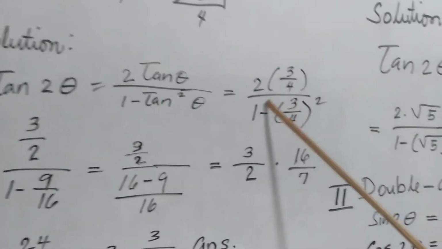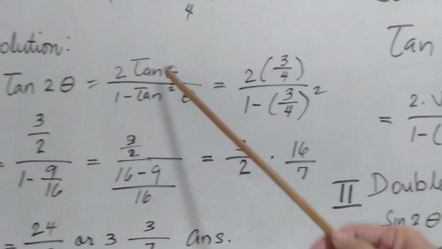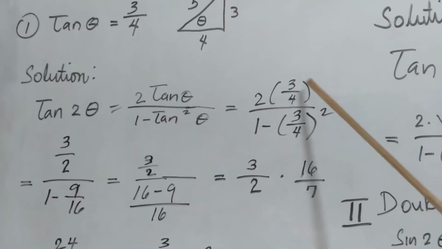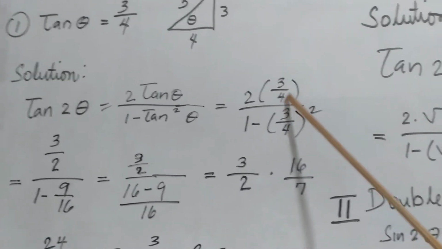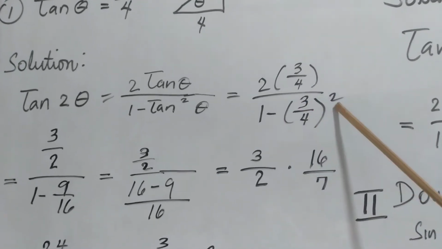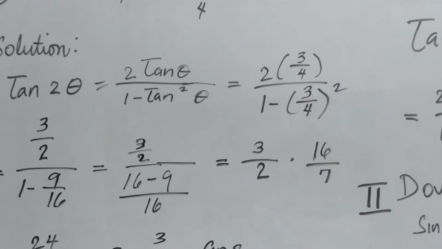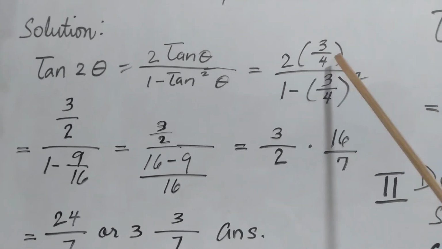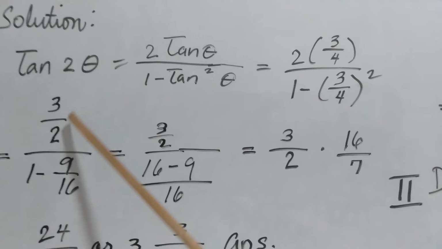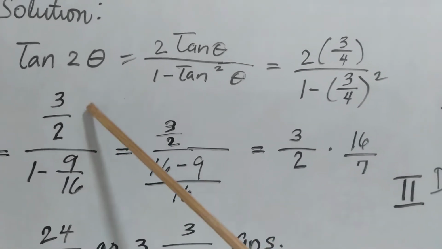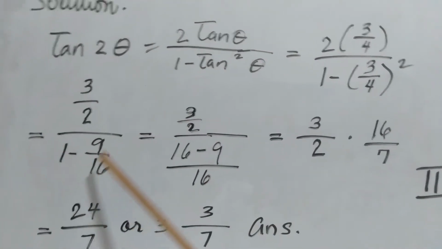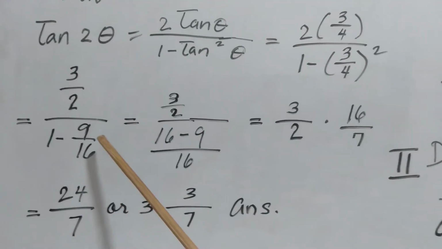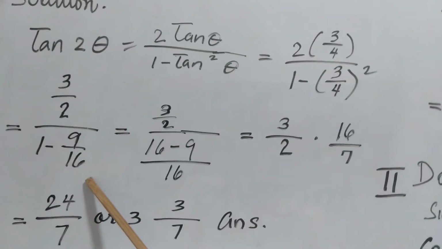We substitute the value of tangent theta, which is 3/4. So 2 times 3/4 over 1 minus 3/4 squared. The 2 cancels out and this becomes 2. So the numerator becomes 3 over 2 over 1 minus the square of 3/4, which is 9 over 16.